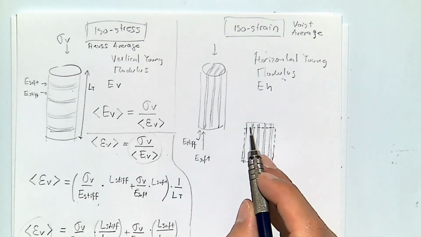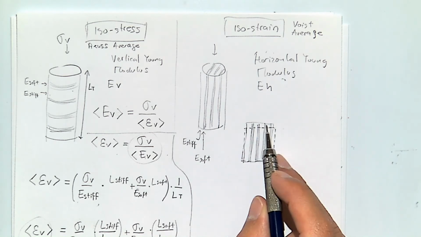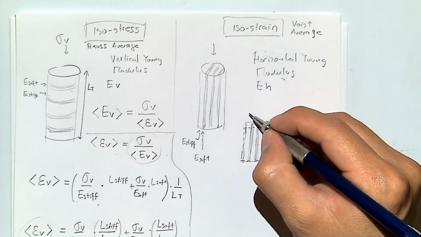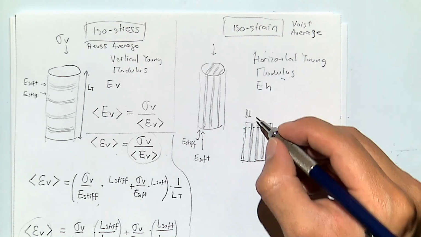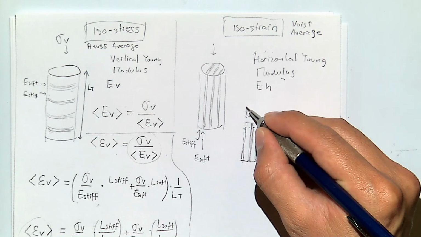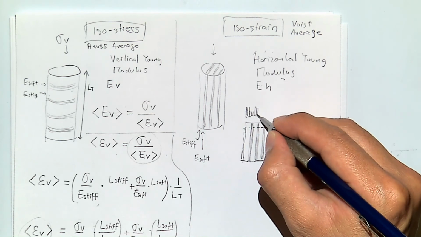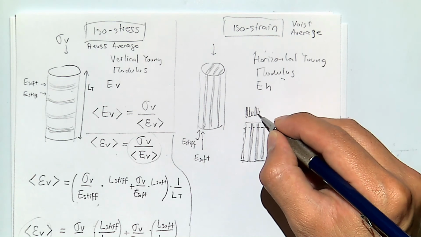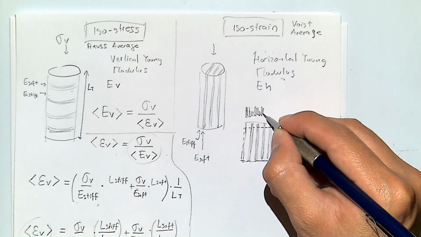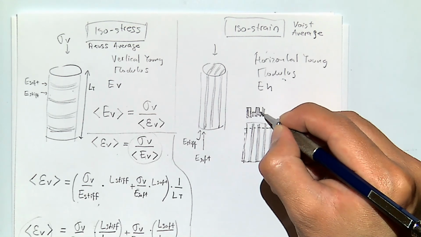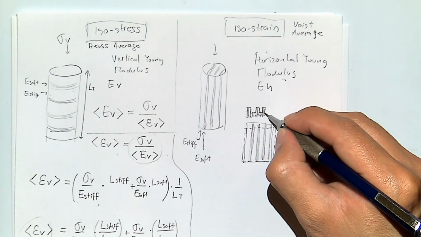Is the stress going to be constant along the rock? It's the same case as the one that we had before with horizontal strains. Here, I'm going to have higher stress in the stiff layers, and in the dark layers, I'm going to have smaller stress.